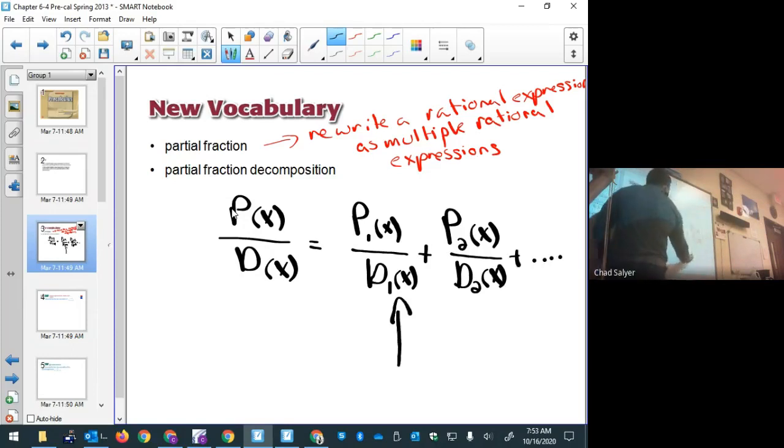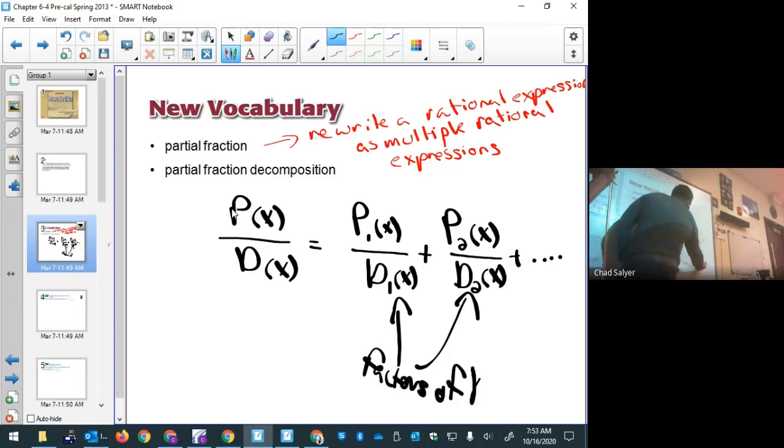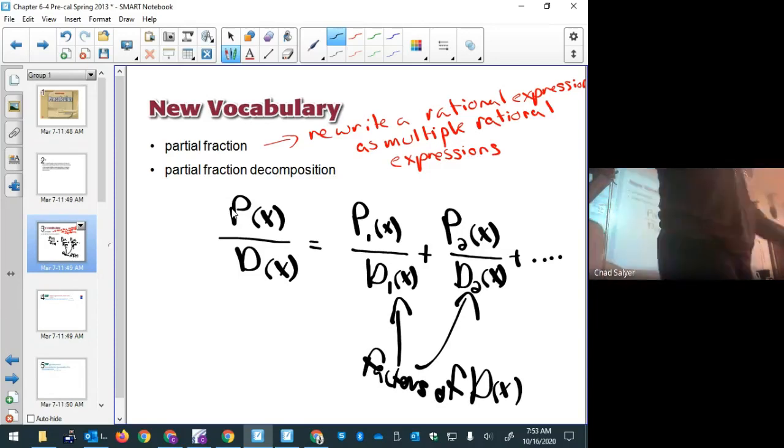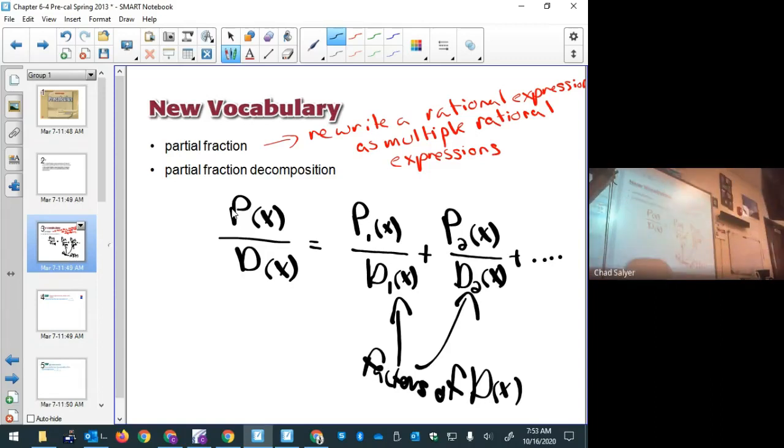And these are the factors of the original denominator. So there's kind of a process, and there's several different scenarios that we'll run into. And each of them work out a little differently. They work out so differently, they're almost kind of like discrete problems. So these are only loosely related.